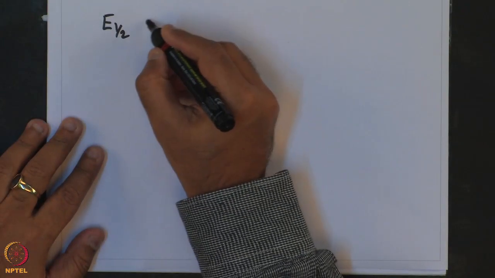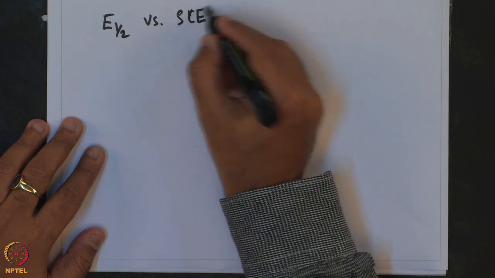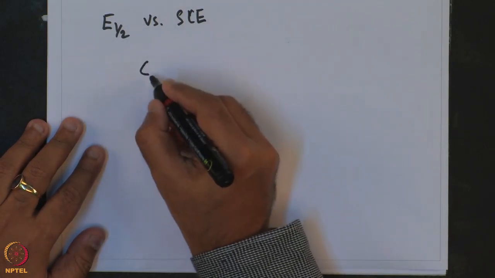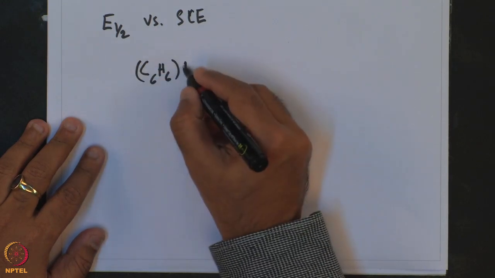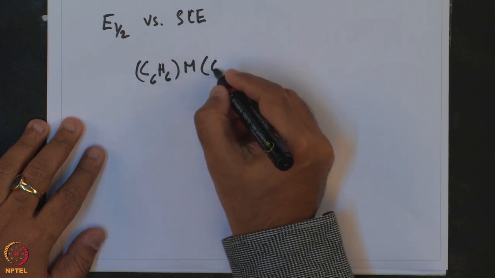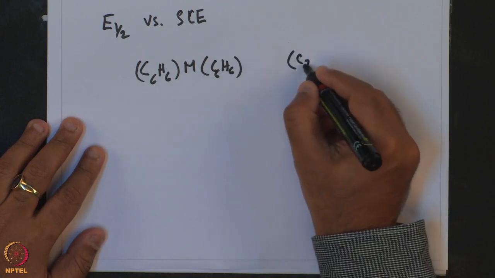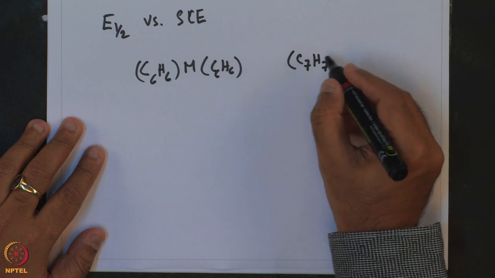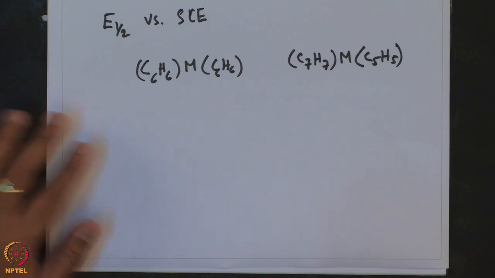So, for example, the E half values versus standard calomel electrode SCE for different complexes of the type C6H6 M C6H6 as opposed to C7H7 M C5H5.